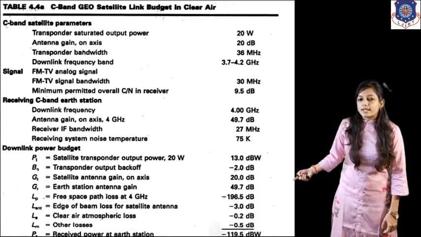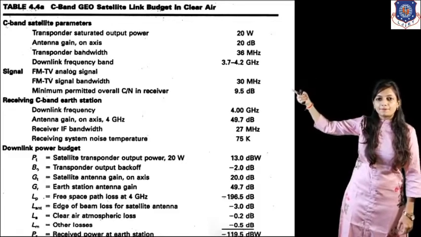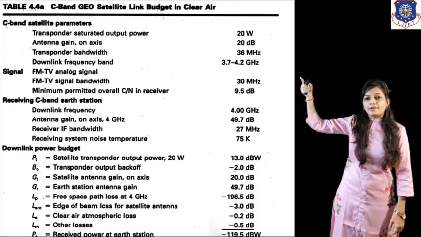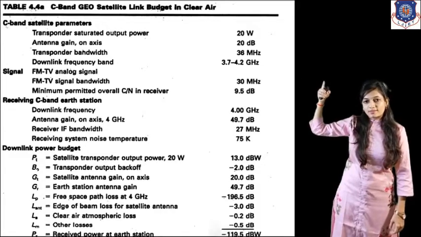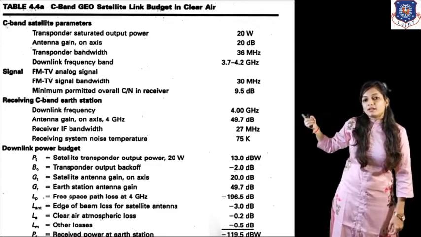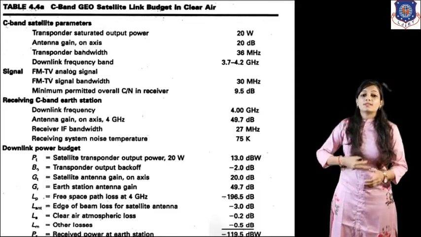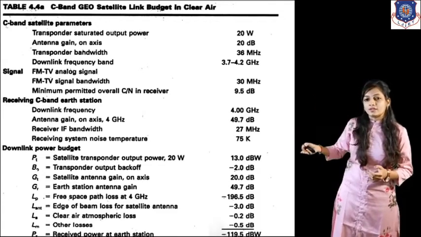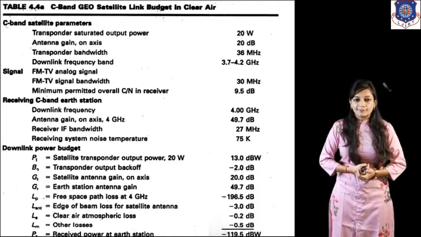Third, the satellite antenna gain, which is given as 20 dB. Bandwidth is given as 36 megahertz. Which frequency bandwidth we are going to use is already given, and the type of signal and its bandwidth are already given. For the receiving C-band Earth station, its frequency, the antenna gain of the receiving antenna, the receiver's IF bandwidth, and the receiver system noise are already given. So from these quantities we are going to calculate the link budget for downlink.